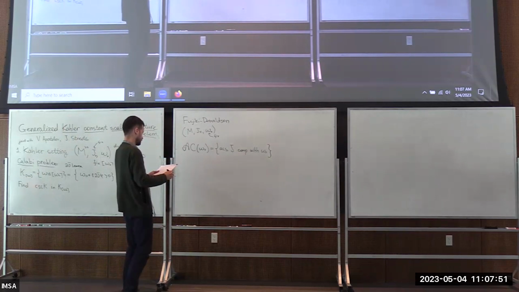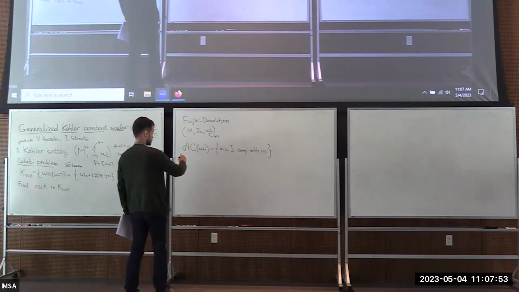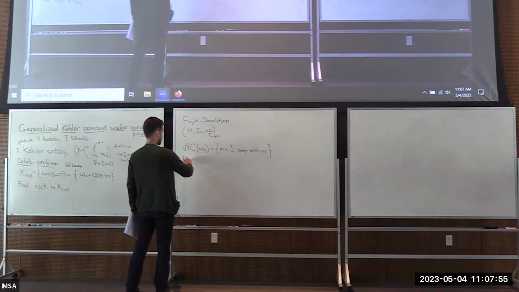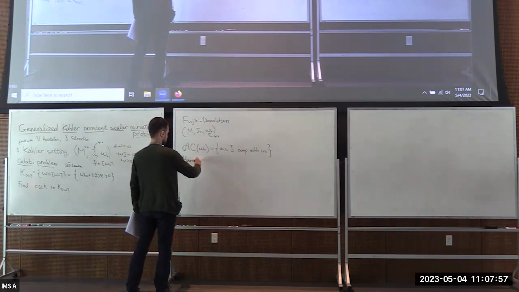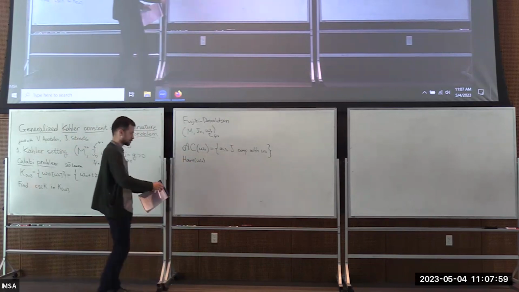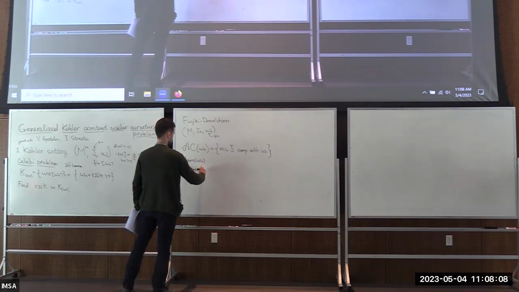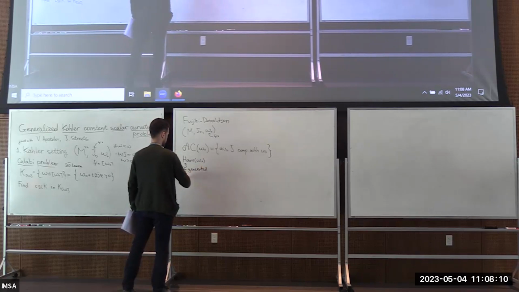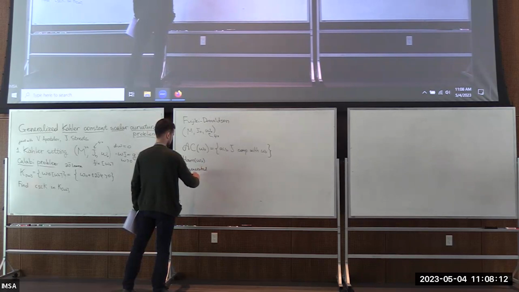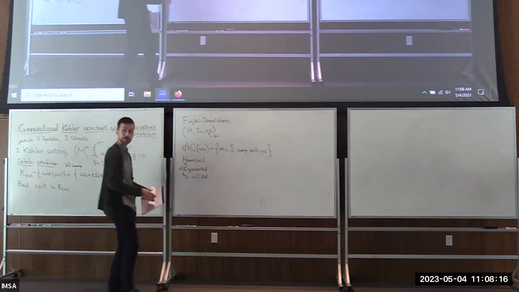And on this manifold, you have an action of a group. You have the group of Hamiltonian diffeomorphisms. These are diffeomorphisms generated by Hamiltonian vector fields, which I recall are just omega naught inverse applied to the differential of a smooth function, the Hamiltonian potential.